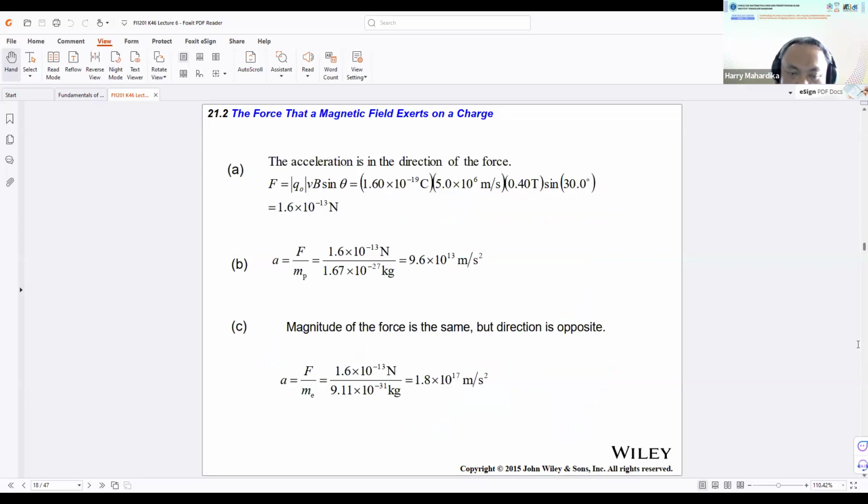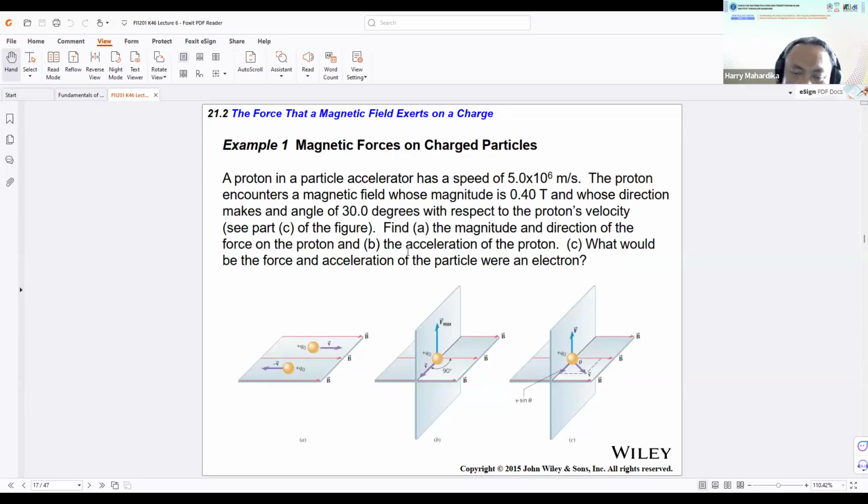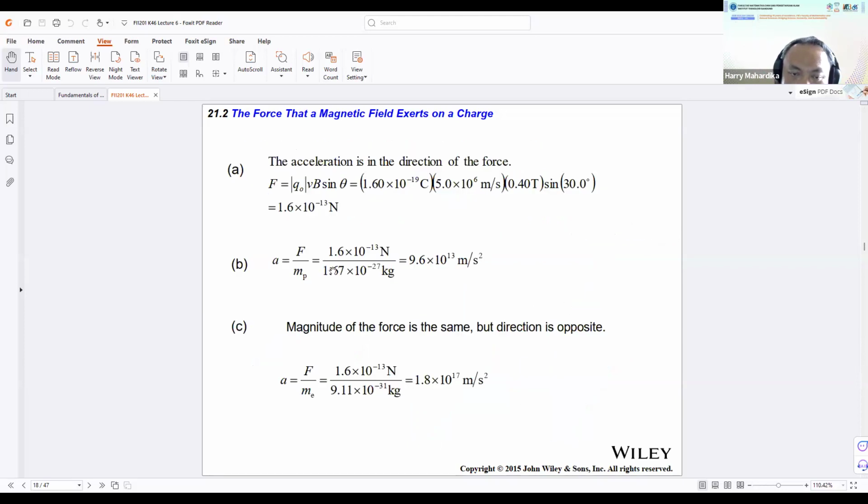Okay, the second question is to find the acceleration of the proton. The acceleration of a proton can be computed using Newton's equation, where we know the amount of force from the magnetic field.